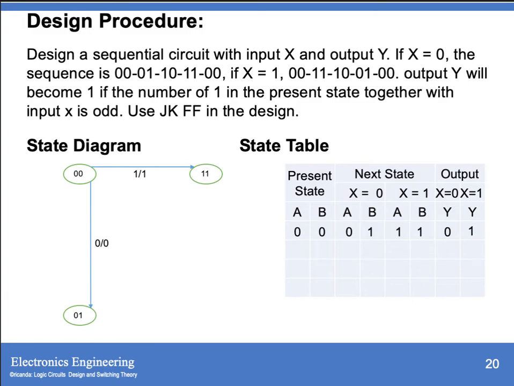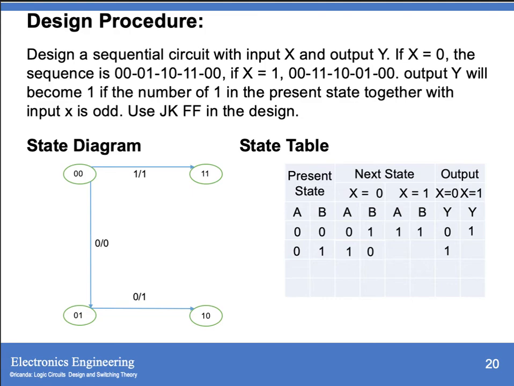For your next state, which is 01, when X equals 0, from 01 it goes to 10. Then we have to determine your Y value. We have input X, which is 0, and your present state is 01, so therefore your Y equals 1.